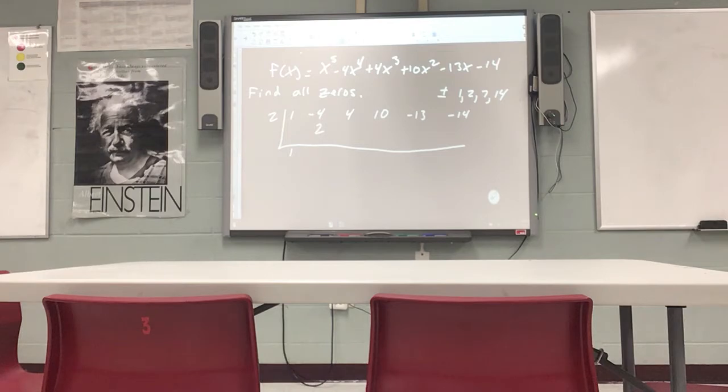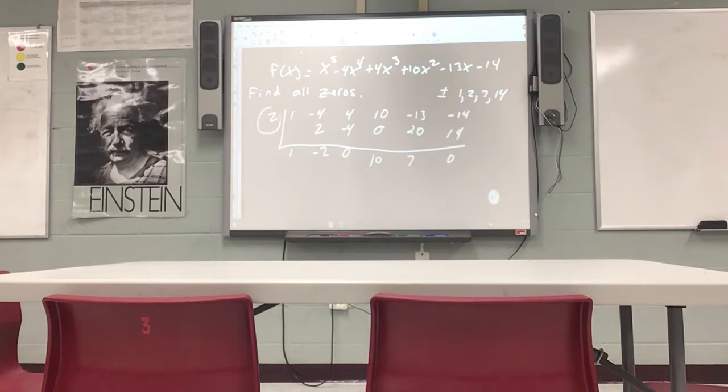I add and get -2. -2 times 2 is -4. I add and get 0. 0 times 2 is 0. I add and get 10. 10 times 2 is 20. I add and get 7. 7 times 2 is 14. I add and get 0.